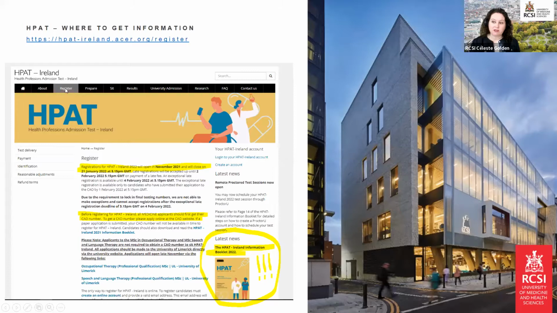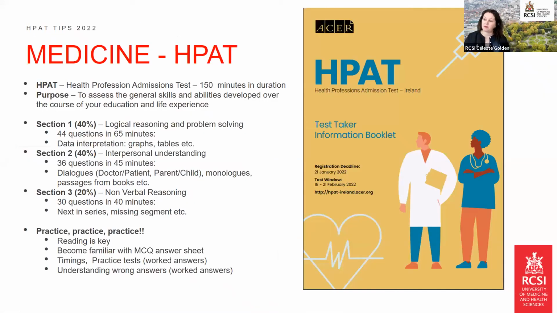If you head into the register button on the ACER website, this page is what you'll see. And down on the right hand side, you'll find this extremely useful booklet, which you must read. It's a fairly comprehensive information booklet, which goes through absolutely everything you'll need to know.